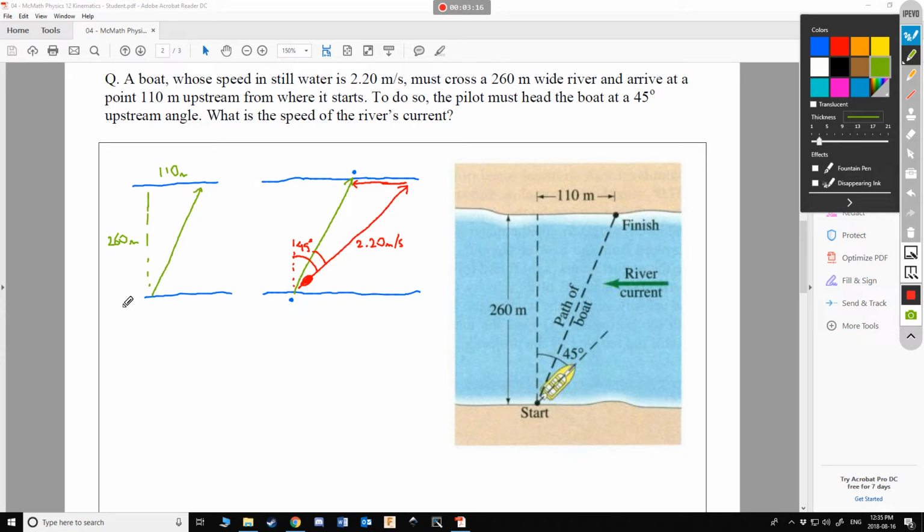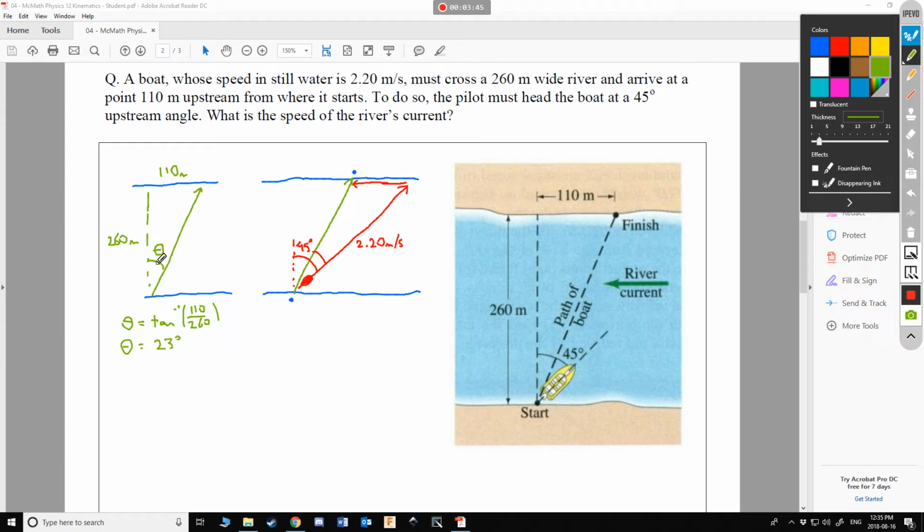So we can find out what this angle is right here. So let's go ahead and find that. So you can use inverse tan. Theta is equal to inverse tan of 110 over 260. Plug that into your calculator, and we get theta is equal to 23 degrees.